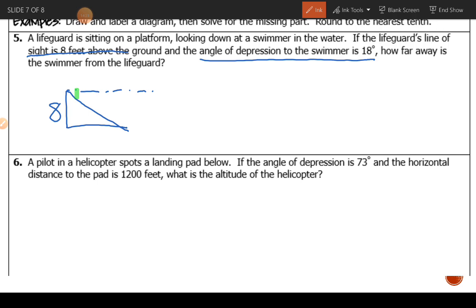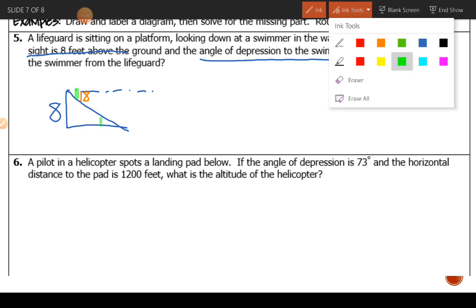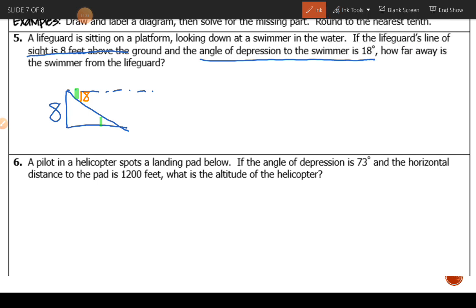So here is where the 18 would go. But just like we just talked about, we have these Z angles, so that means this angle and this angle are going to be congruent. So that means that this angle down here is going to be 18 degrees. Okay? And then it's asking how far away is the swimmer from the lifeguard, so our X would be down here.